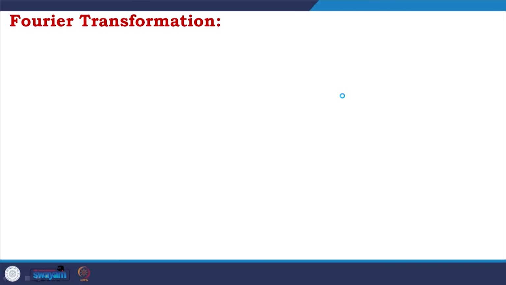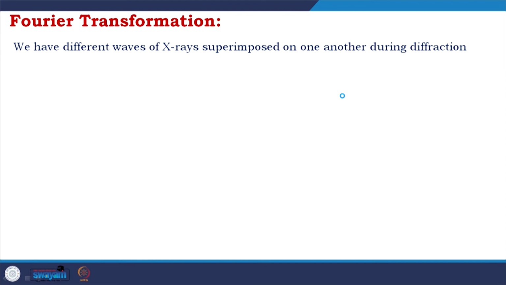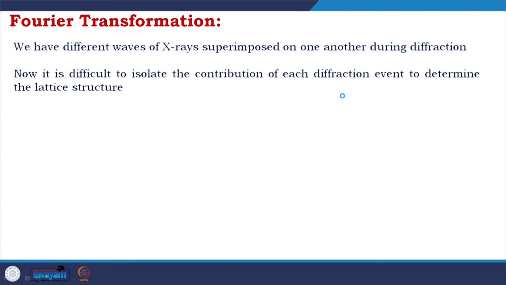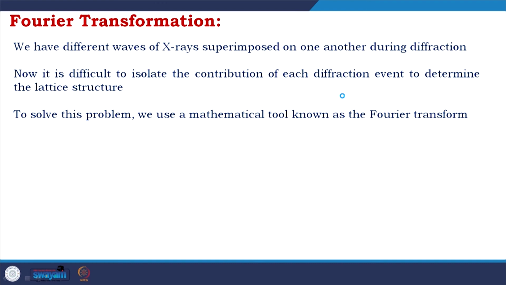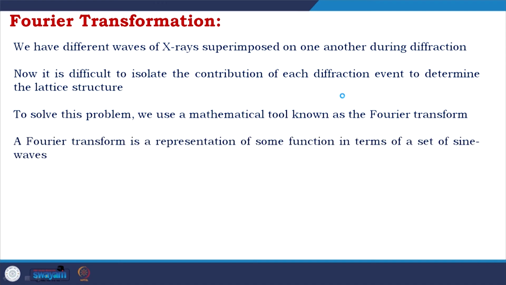So, Fourier transform, as we have seen, we have different waves of X-rays superimposed on one another during the diffraction. Now, it is difficult to isolate the contribution of each diffraction event to determine the lattice structure. So, what to do? To solve this problem, we use a mathematical tool known as the Fourier transform.